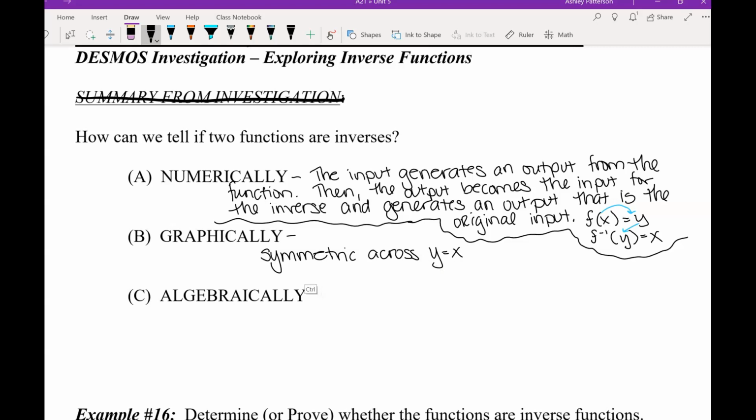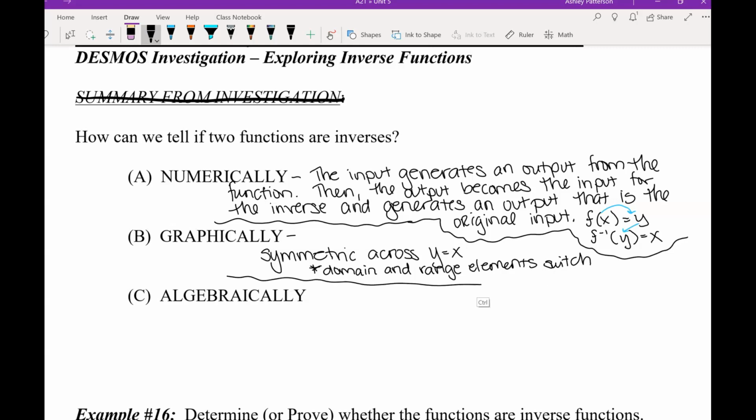What does that mean? That means that their domain and range elements switch. Think back to geometry. Yep. If you have functions or pictures that are symmetric across y equals x, their x and y values switch.